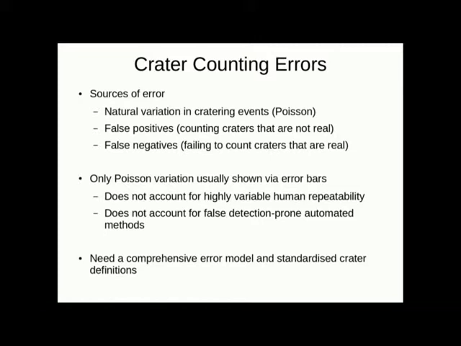In fact, it's part of many standard software packages. The software will put the Poisson error bars on for you. And that does not account for the highly variable human repeatability, and it doesn't account for the false detection prone automated methods either. So what we need is a comprehensive error model and some standardized crater definitions to try to alleviate these issues.